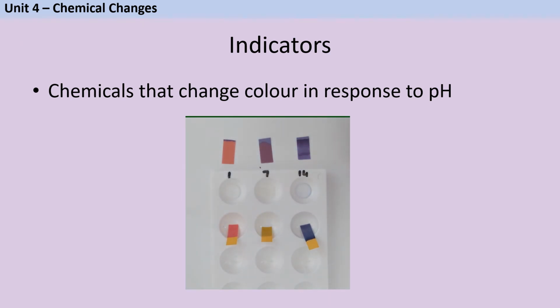The universal indicator is also available as a solution, so I can just add a little bit to each of these as well. And there I can see those same colours: blue in an alkali, green in a neutral solution, and red in an acid. Now that I know that these are the colours I'm looking for, I can test lots of other things to see whether they are acids or alkalis.